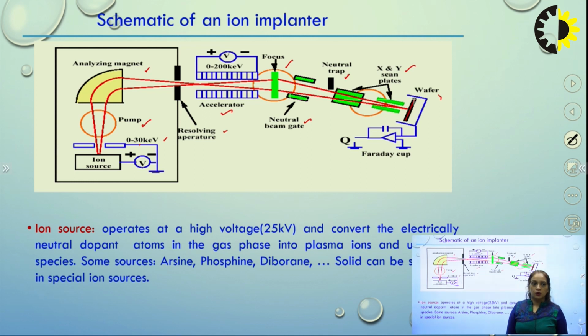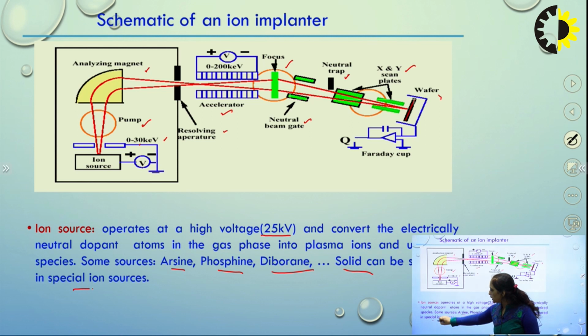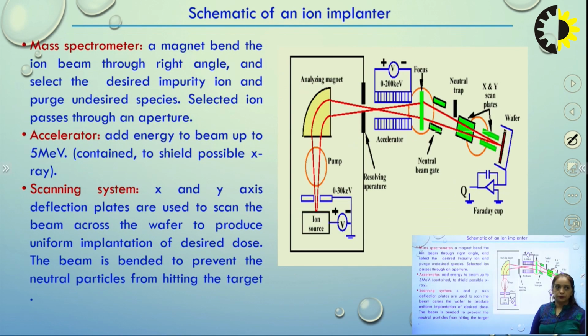The ion source operates at a very high voltage, about 25 kilovolt, and converts the electrically neutral dopant atoms in a gas phase into plasma ions, along with some undesired species. Some sources like arsenic, phosphine, diborane, these solids can be sputtered in special ion sources.